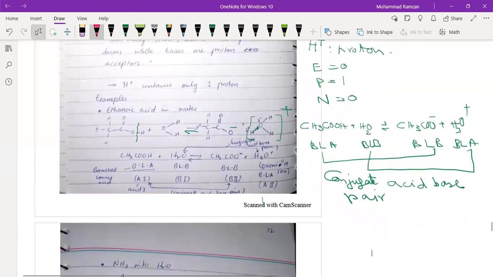You can do over here. Can you do? NH3 into water. You are adding NH3 into water. You have to write the equation to show the acid base pair.